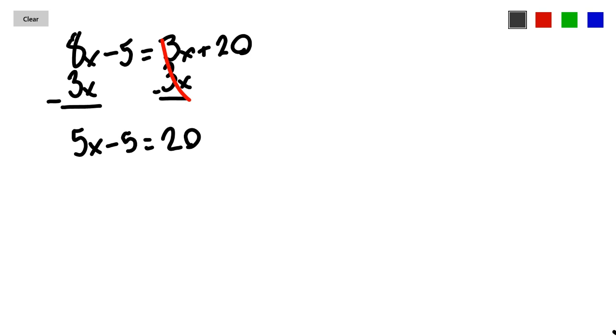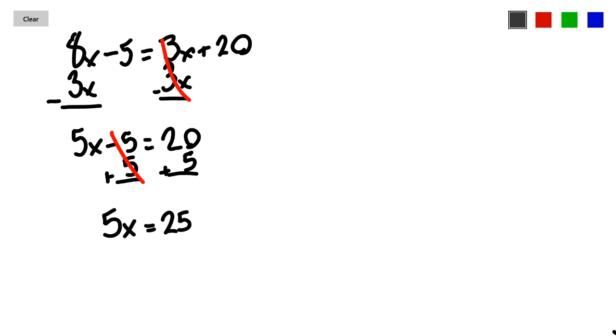Notice how I have one less term on the right side by performing this. The whole objective is to get x by itself. So I can add 5 to both sides here, because I have a minus 5, and if I add 5 to that, I get a 0 again. I have to add 5 to the other side too. So I am left with 5x is equal to 25.